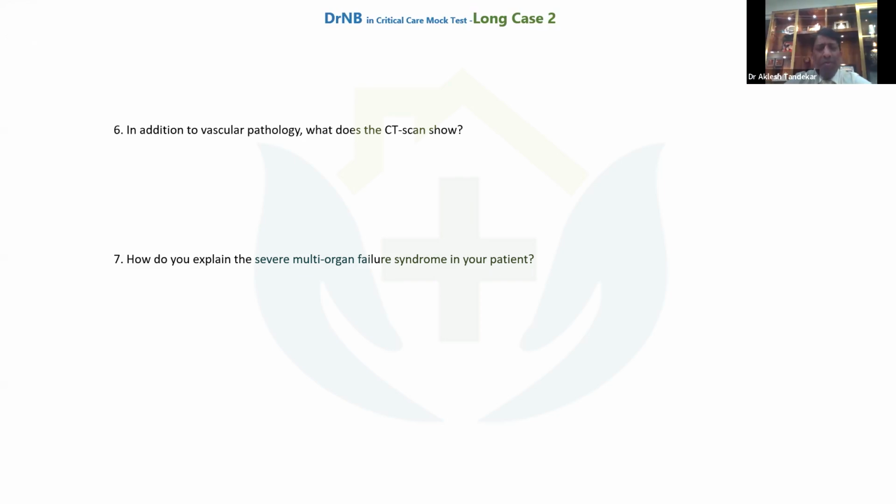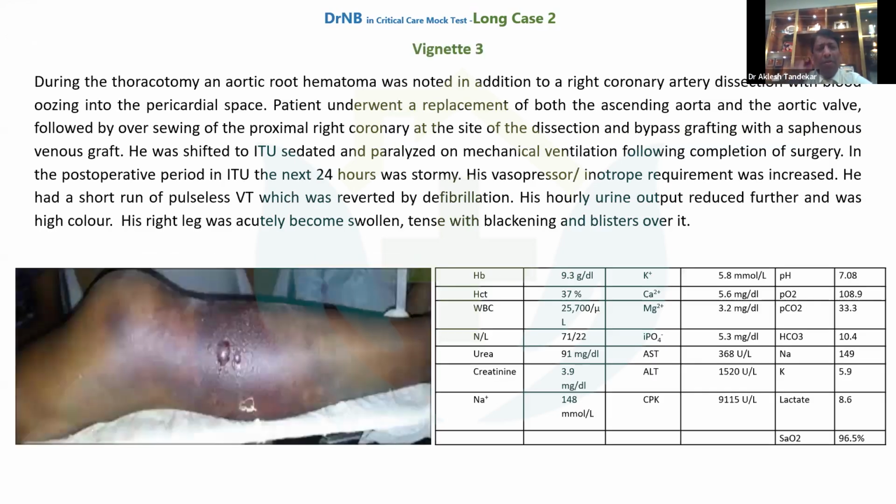Okay, fine, fantastic. So this patient underwent a thoracotomy for aortic root hematoma. And then in addition to that, this patient also had a coronary artery dissection with the blood oozing into the pericardial space.